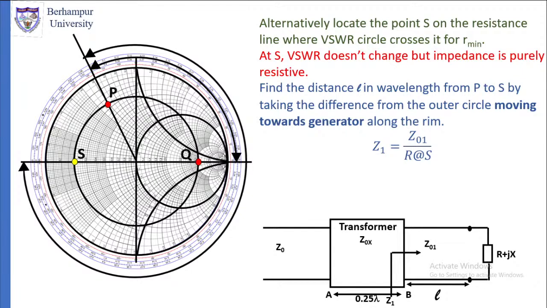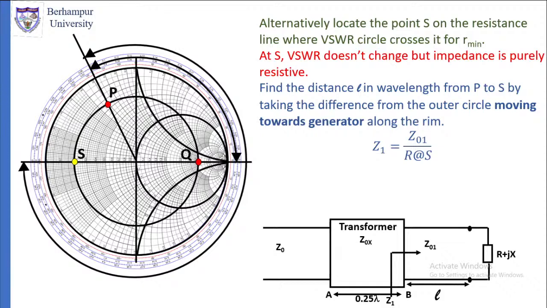Now in the alternative solution, move up to the point S. If you move from P to S, then at S again the impedance is purely resistive. The impedance is purely resistive at two points. One point is Q, the other point is S. For Q we have found the solution. Now you move up to S.